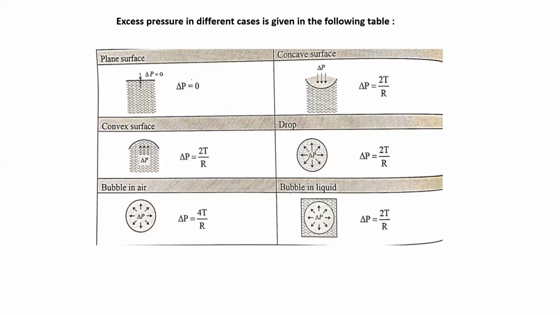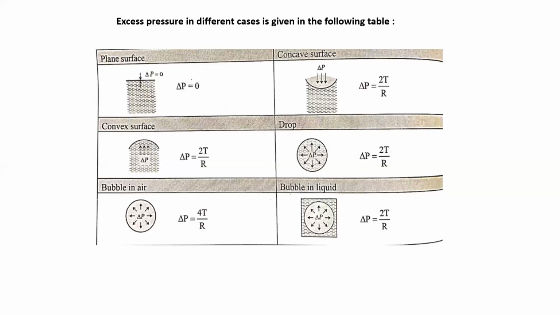Then next, bubble in air. For bubble in air, delta P is equal to 4T divided by R. It is 4T divided by R here. Next we have concave surface. For concave surface, the excess pressure is given by 2T divided by R, similar to our convex surface.